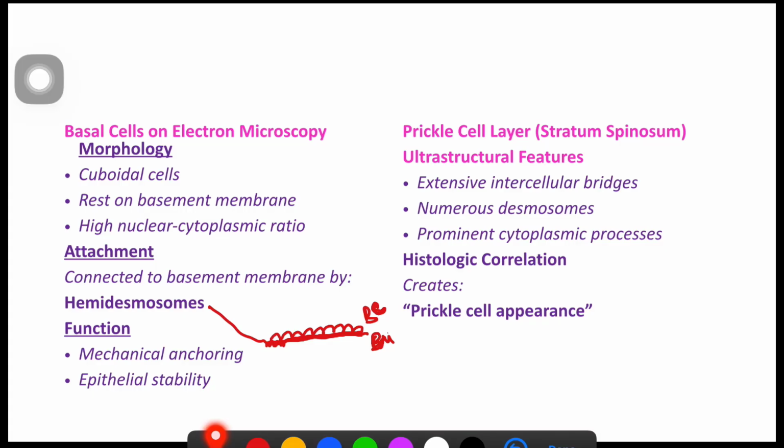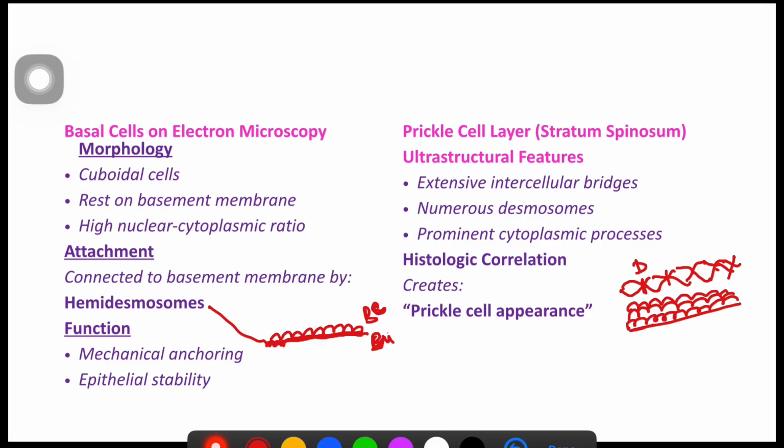Now, the prickle cell layer, called stratum spinosum. Here is the basement membrane, and these are the basal cells, mostly 3 layers. The prickle cell layer has processes that you can identify ultrastructurally, and it contains desmosomes.